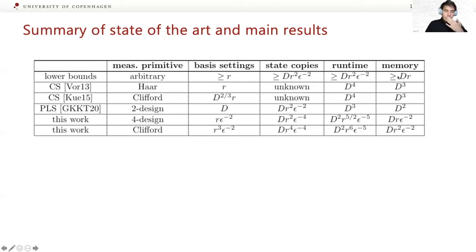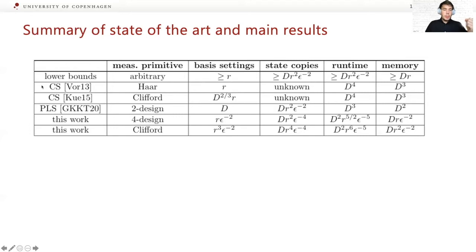And we also have a trivial lower bound on the memory required to do this task, because at some point we have to write down our state, right? And if it's a state in a d-dimensional space of rank R, we need at least d times R many parameters to write it down. So this is the memory. And you see that different approaches perform quite well in some of these parameters.